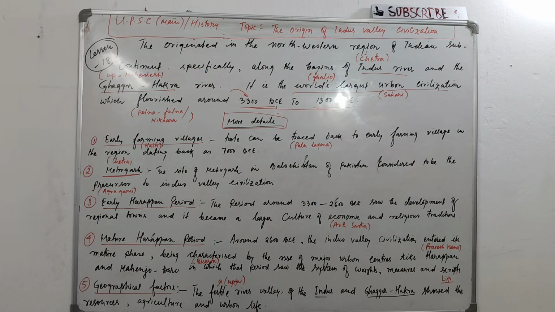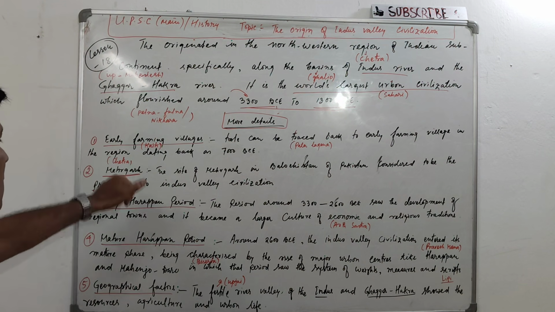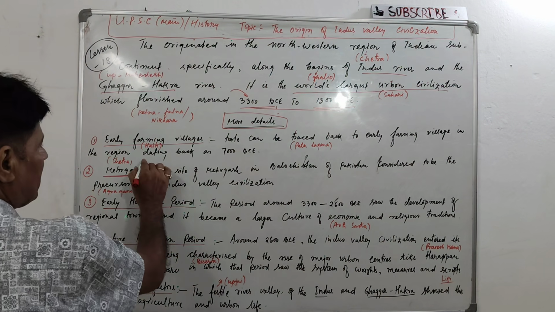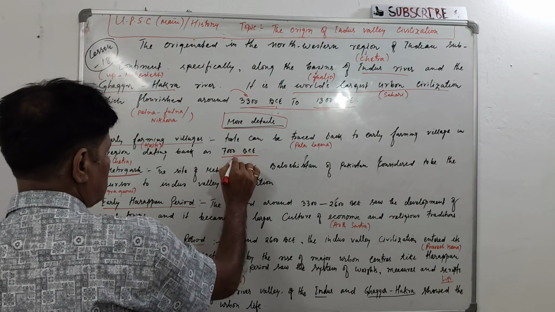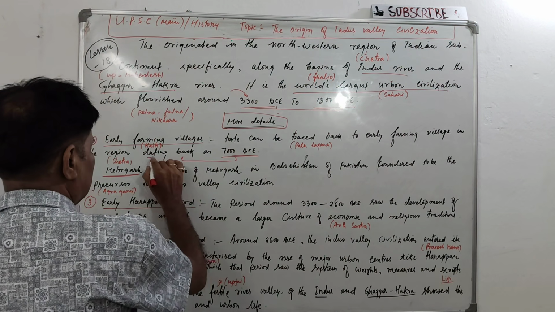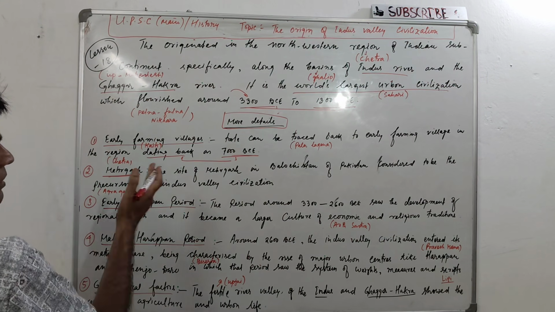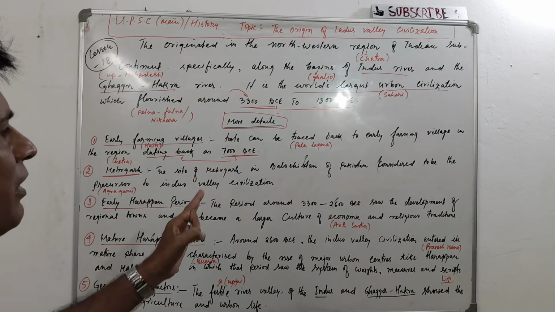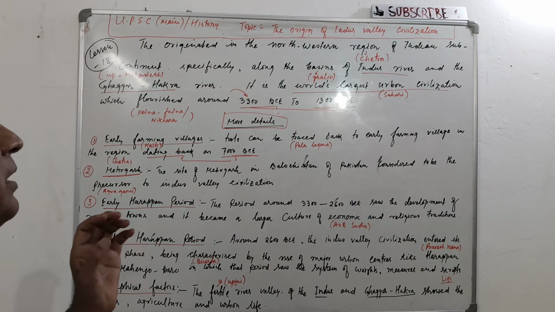When we talk about its origin, we have to understand 5 categorical points. Number 1, early farming villages: tools can be traced back to early farming villages in the region dating back as far as 7000 BCE, where you can trace the farming of the villagers.